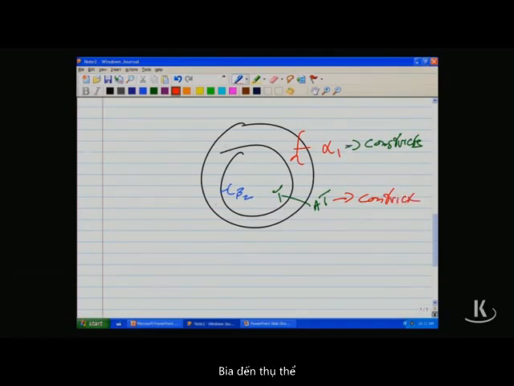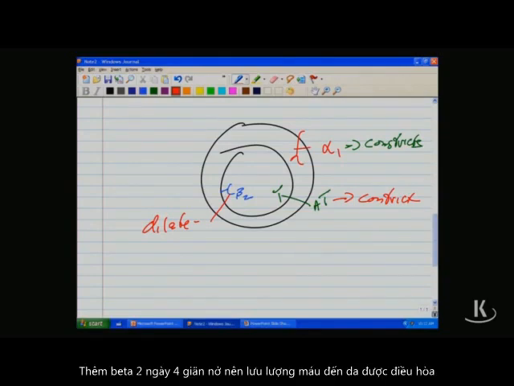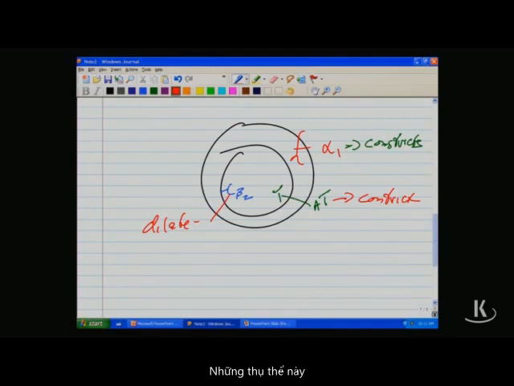Beta-2 receptors, they dilate. So now, blood flow to the skin and to the muscle is via these receptors mostly. Alpha-1 and angiotensin constrict, and beta-2 therefore dilates. So blood flow to the skin is mediated via these receptors.